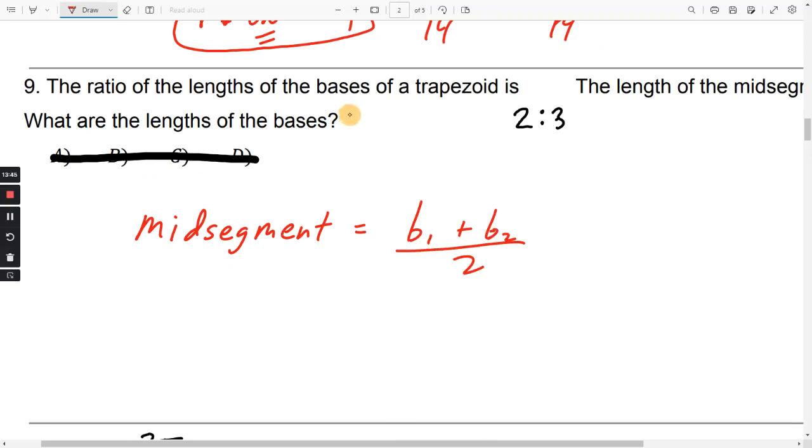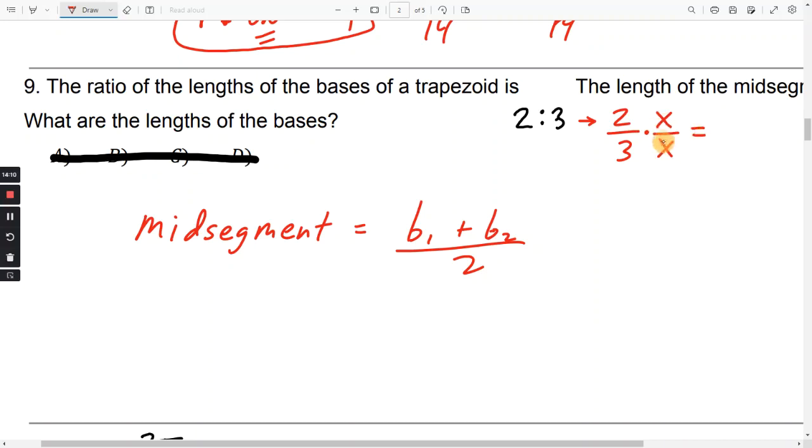Anyhow, since the ratio of the bases is 2 to 3, we can multiply each of these by x. Alright, if you had a fraction, 2 over 3, you can multiply the top and the bottom by x. Okay, multiplying by x over x, it's the same as times 1.